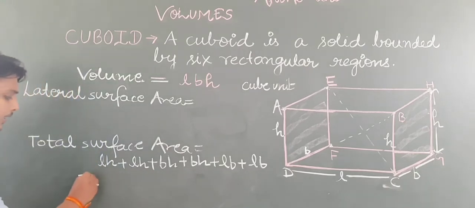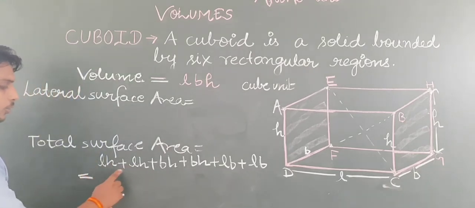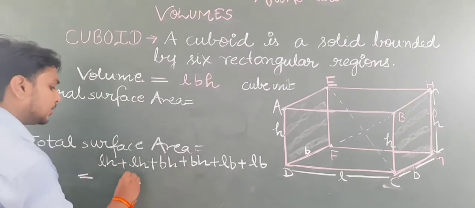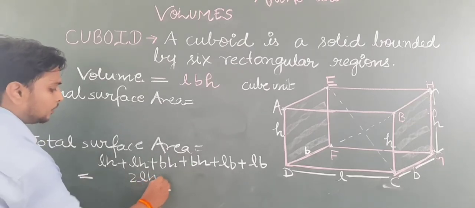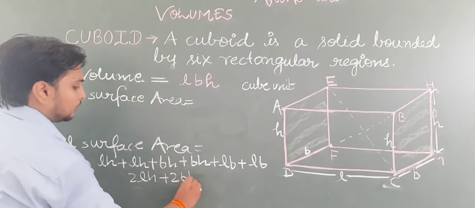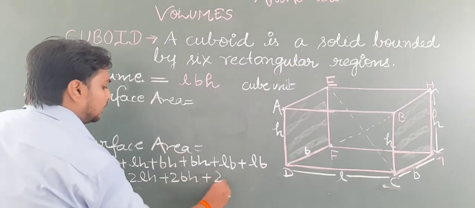So here you can see LH plus LH, 2LH, BH plus BH, 2BH, 2LH plus 2BH plus 2LB.